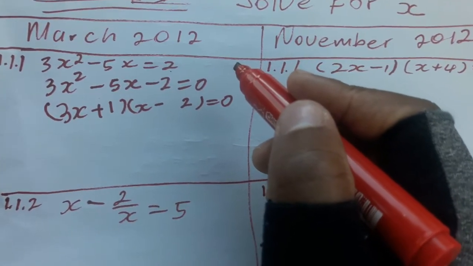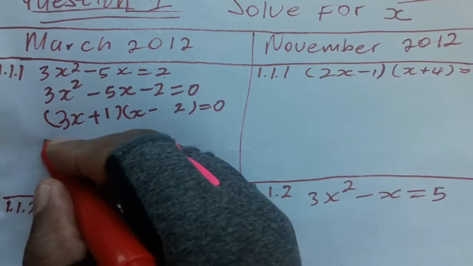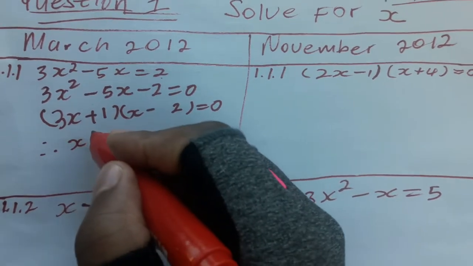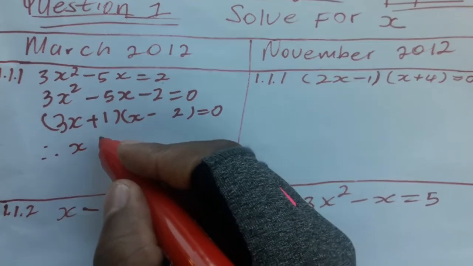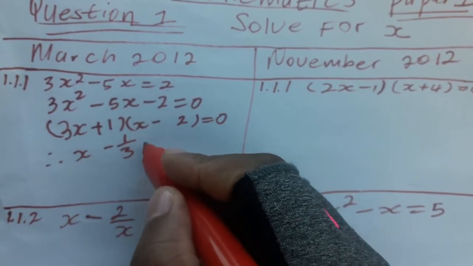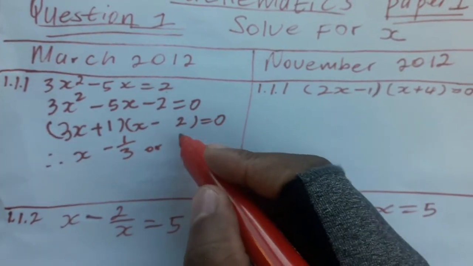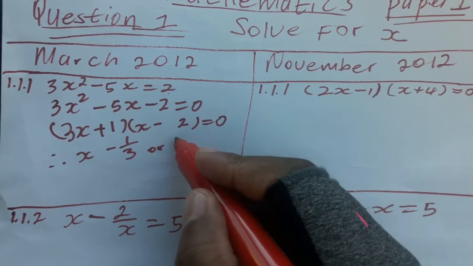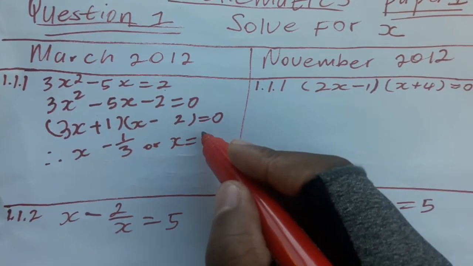So therefore our x is equal to minus 1 over 3, or our x is equal to 2.